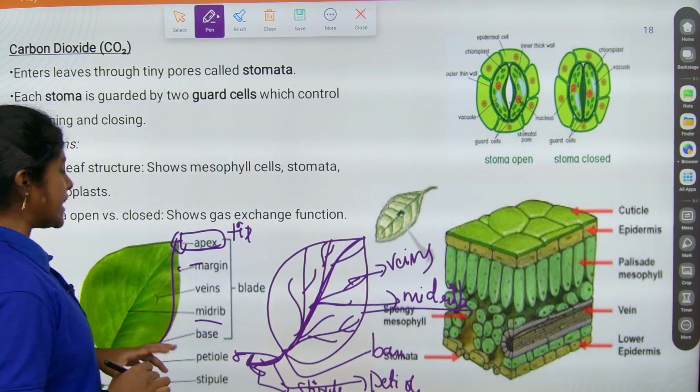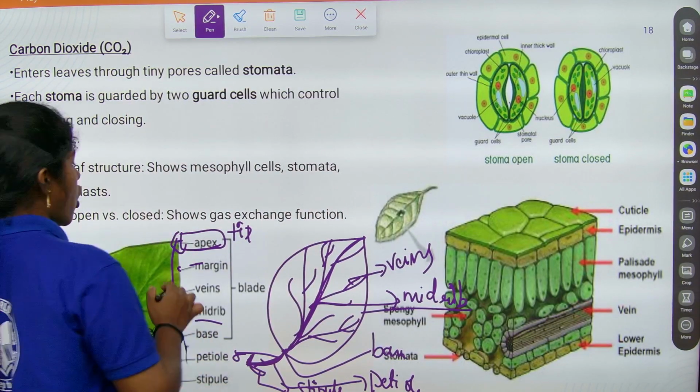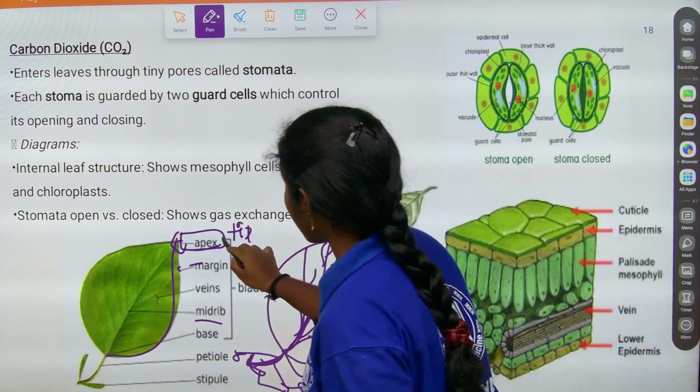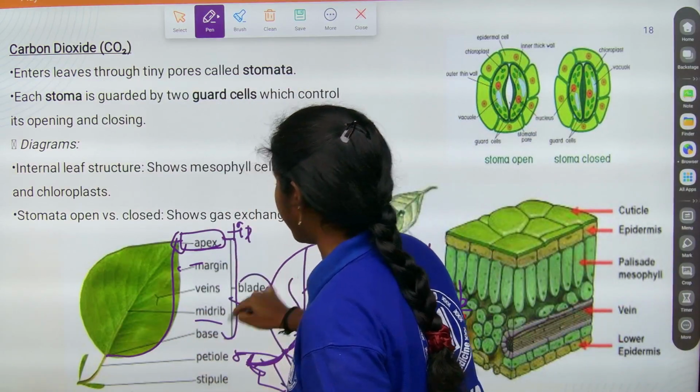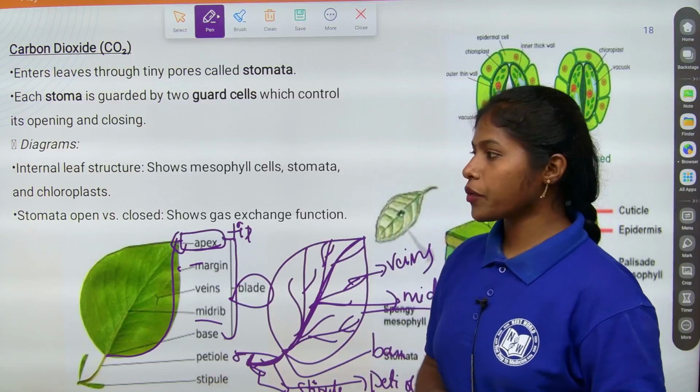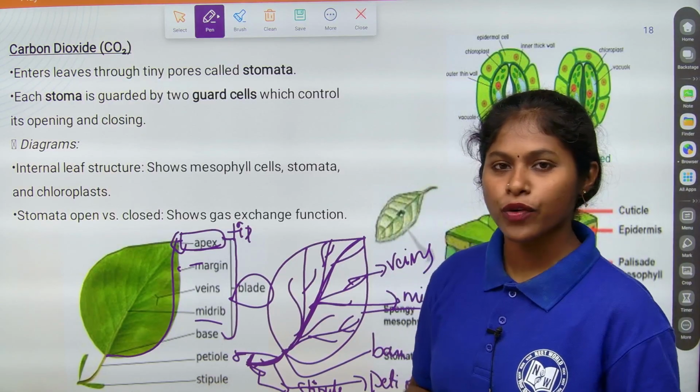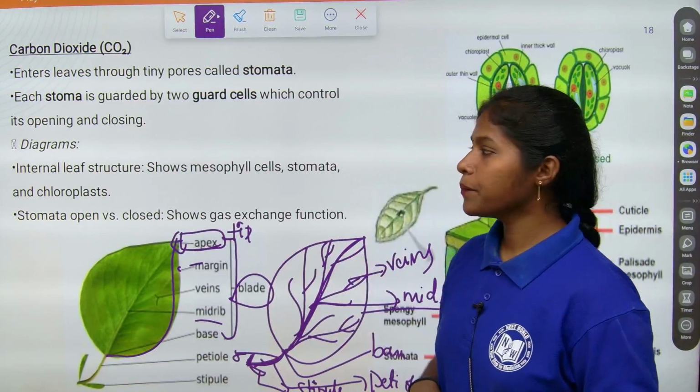It is quite an easy diagram, children. From the apex to the base we call it the blade, right? I will check you all in tomorrow's session and ask you questions also, so practice this diagram at home, okay?